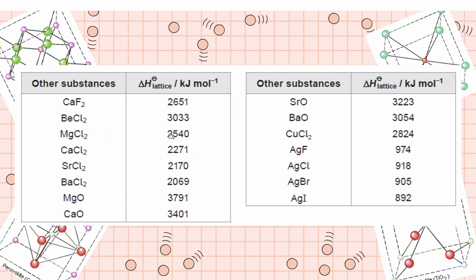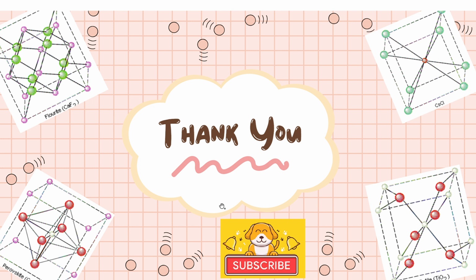So you can do this comparison when they go down. Magnesium and calcium also drop. We can see magnesium oxide and calcium oxide also drop. So you can see that for ionic compounds, the lattice enthalpy drops down the group because the ions are farther apart, because the ion is bigger.